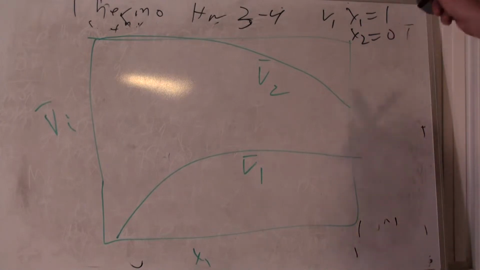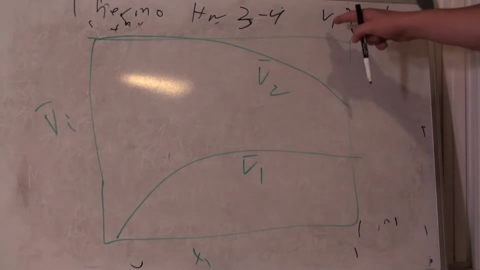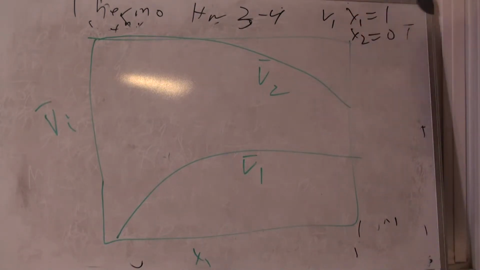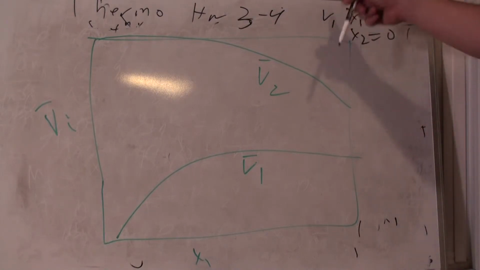We're trying to do the same graph, but not the same problem. So this is not the solutions if you are not in my class. V1, not partial molar V1, is the volume of component 1 in a pure system.